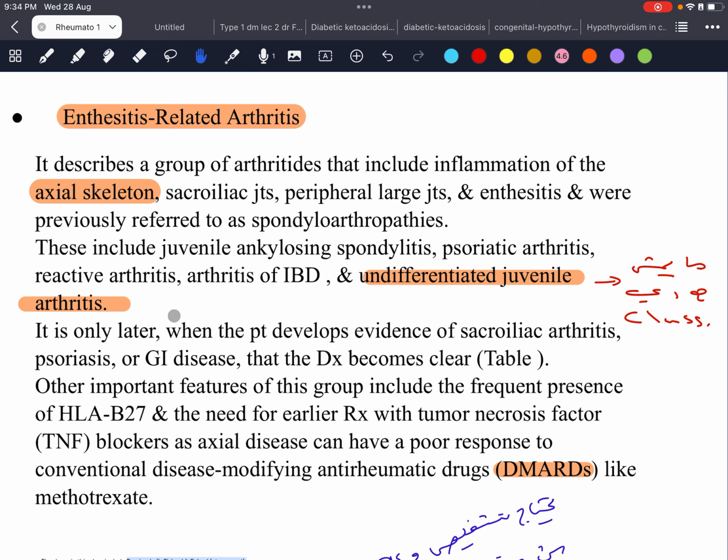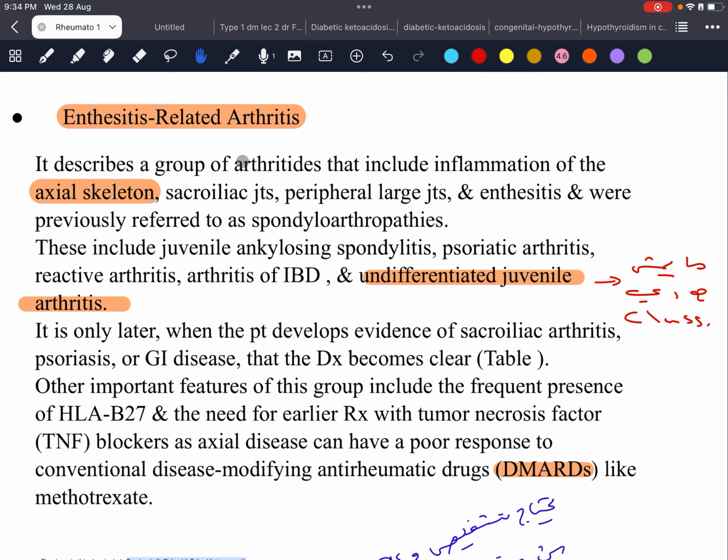So you cannot diagnose this form until the specific things that are related to arthritis occur, like when you see by X-ray that the sacroiliac joint is involved, when you diagnose inflammatory bowel disease, or when psoriasis is diagnosed.